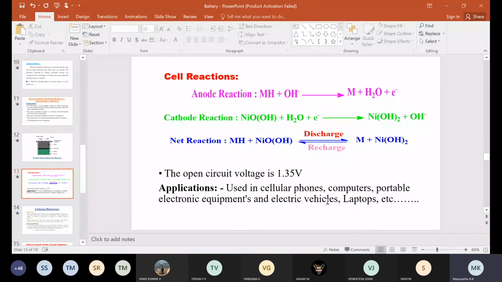Which is the electrolyte? Potassium hydroxide. Which is the separator? Polypropylene. Okay, good. Then write down working. In working, write down these three reactions.